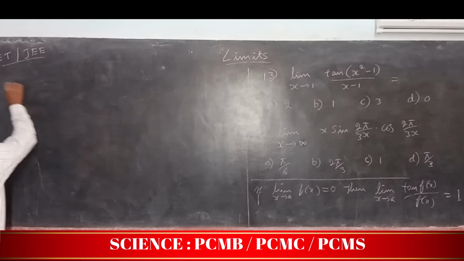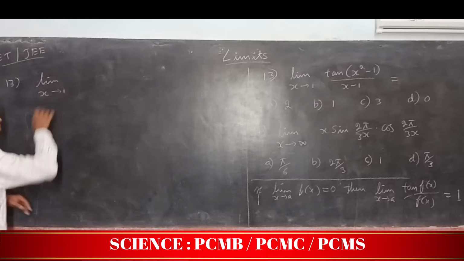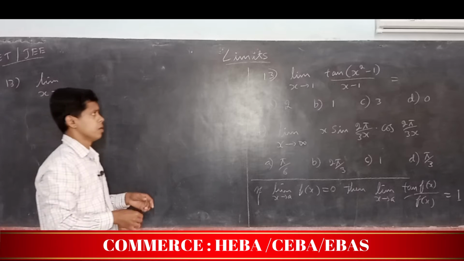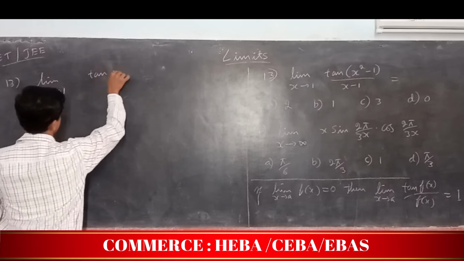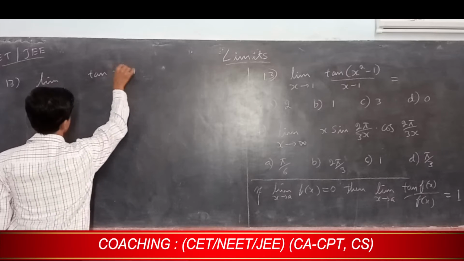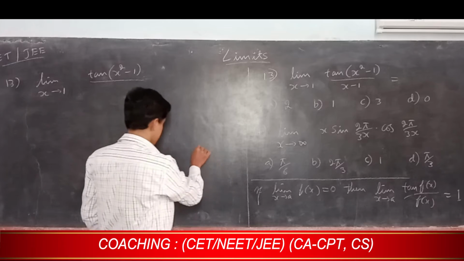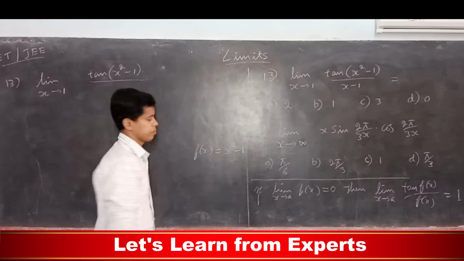Now, a little manipulation is necessary here, because you have got x tends to 1. So, tan of x square minus 1 is what you have. So, that is f of x. So, what is f of x by the way? x square minus 1.